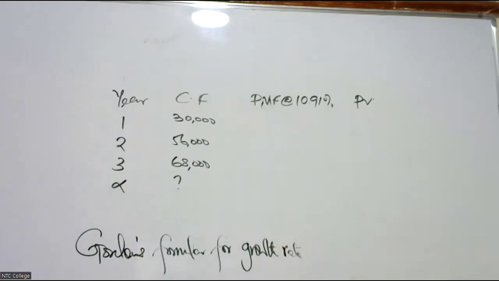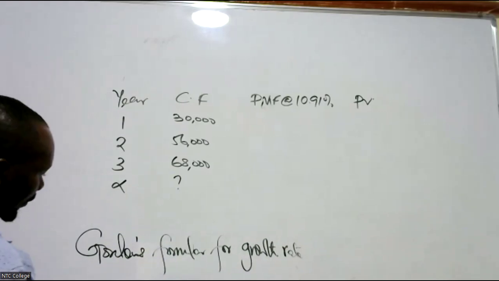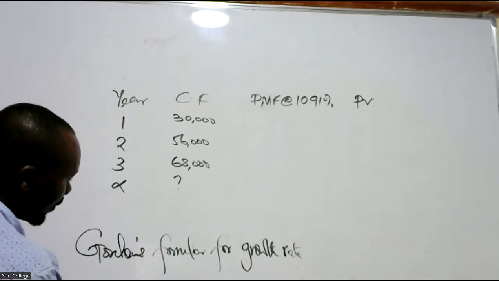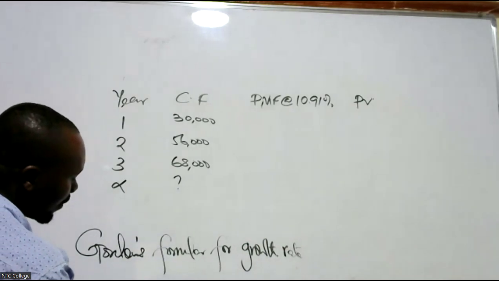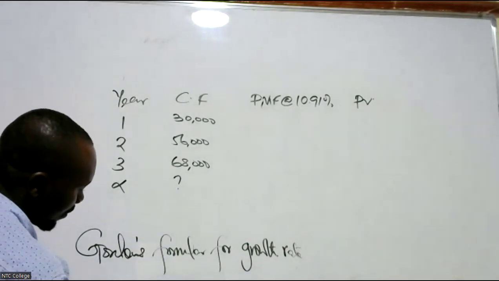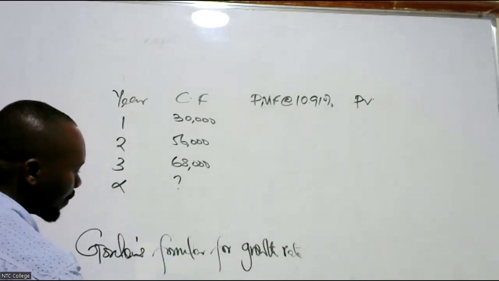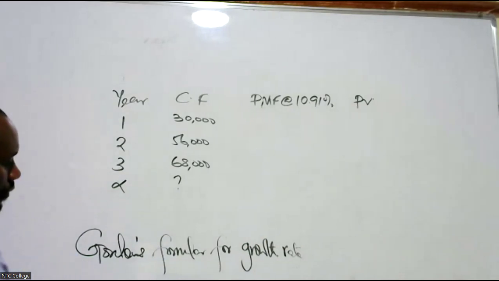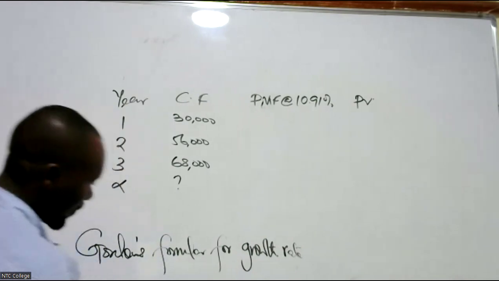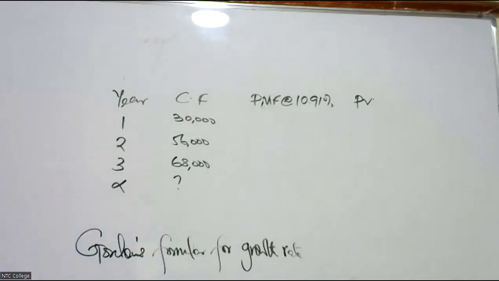Gordon's formula for growth rate, which says that P is equal to... Do we remember that formula? Is it like that, or should this one be here? Where should it be?